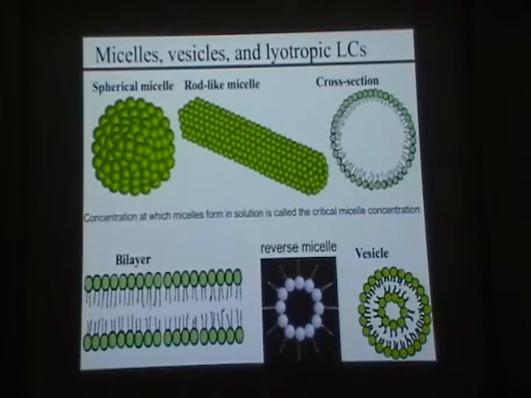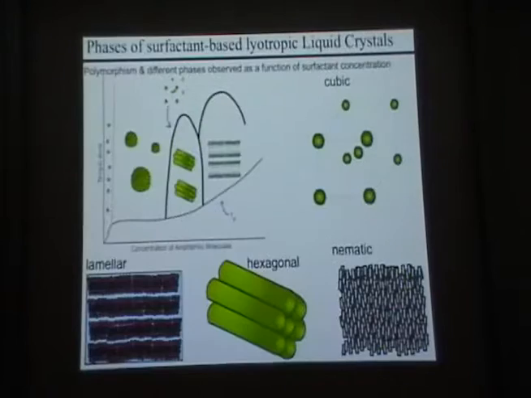other types of building blocks. Not necessarily those have to be individual molecules. For example, you can form liquid crystal phases out of micelles of different shape, and those could be either spherical micelles or cylindrical micelles. You can form liquid crystal phases out of bilayers and a variety of other building blocks.